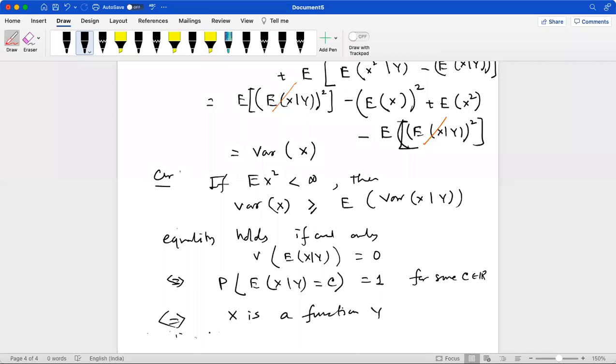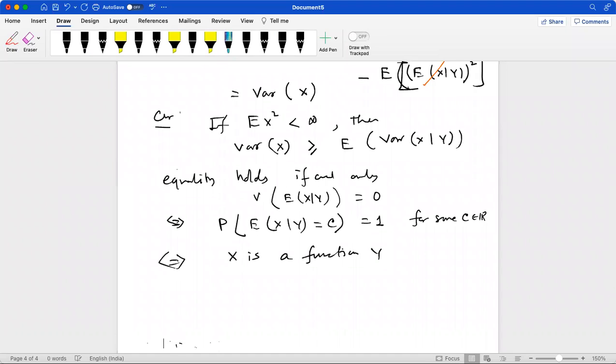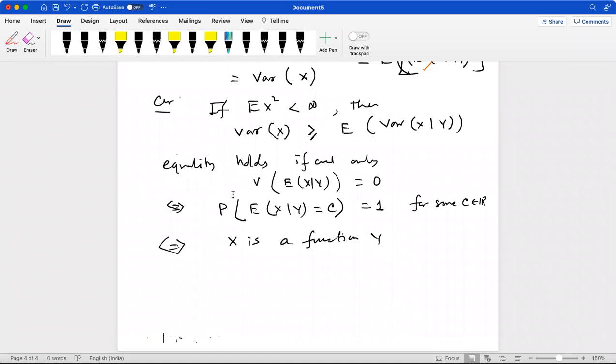And the last thing is this. What happens if x and y are independent? The last result is this. If x and y are independent, then what happens? Then this conditional density is actually the marginal density.